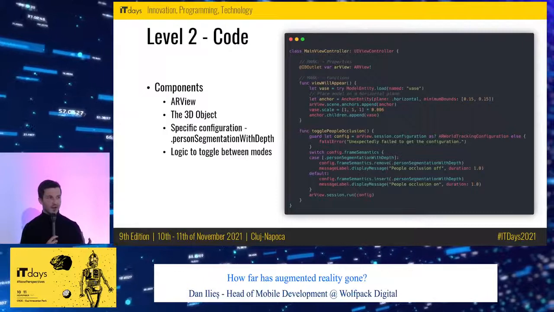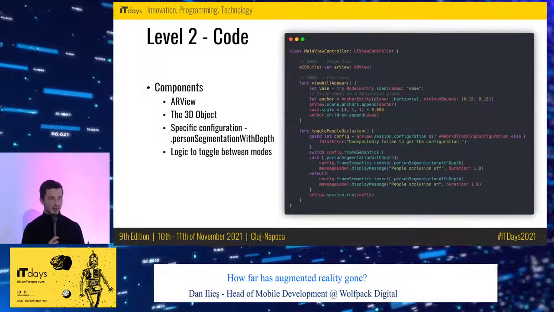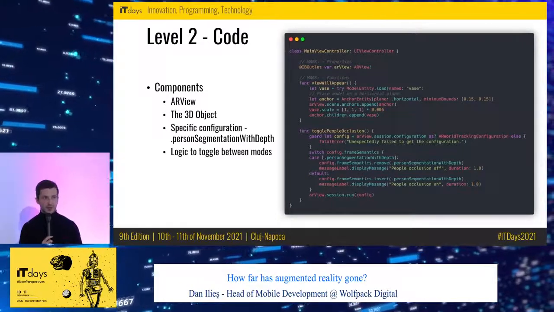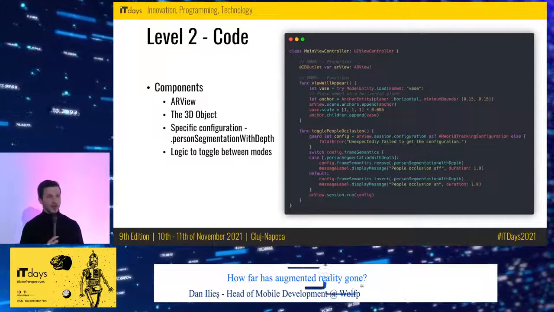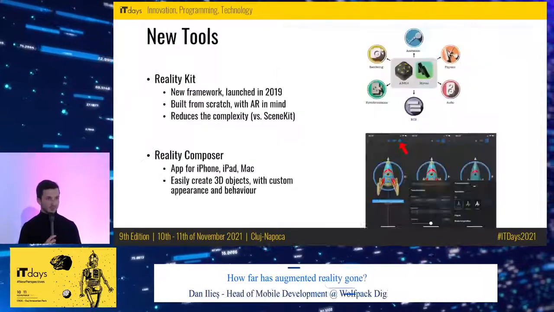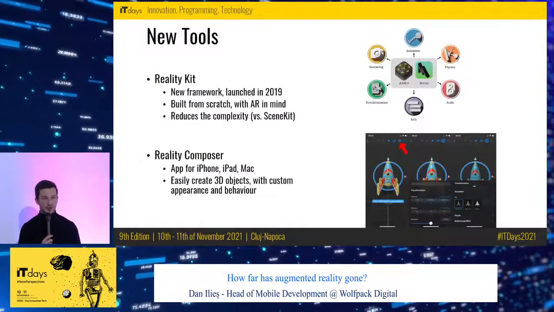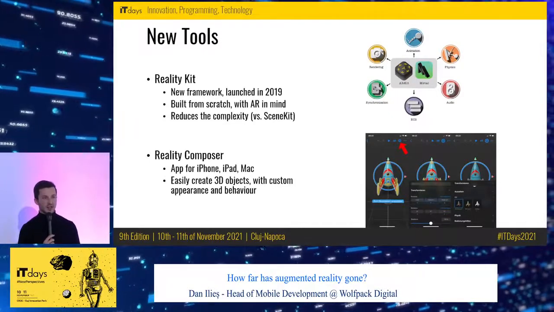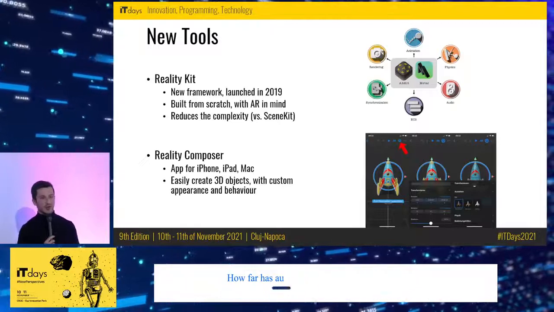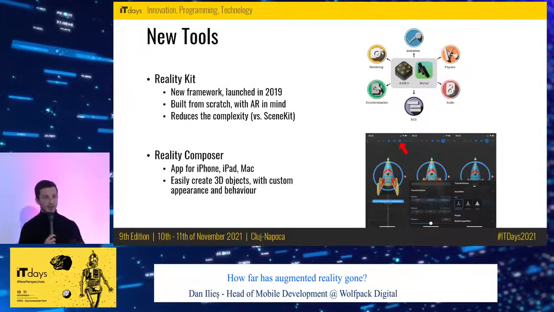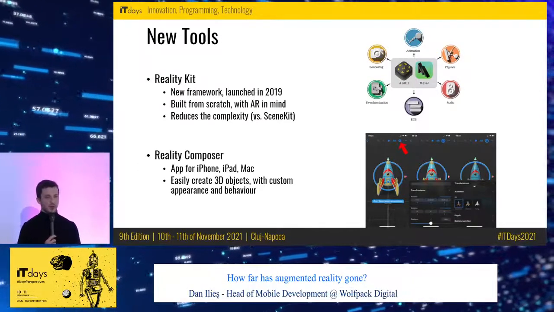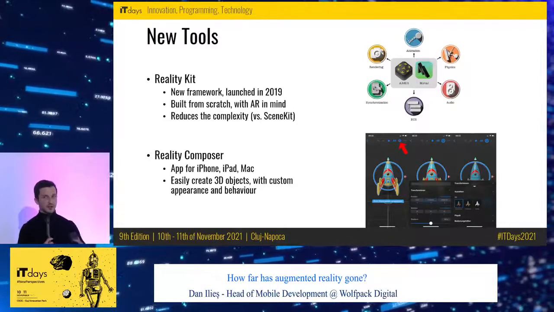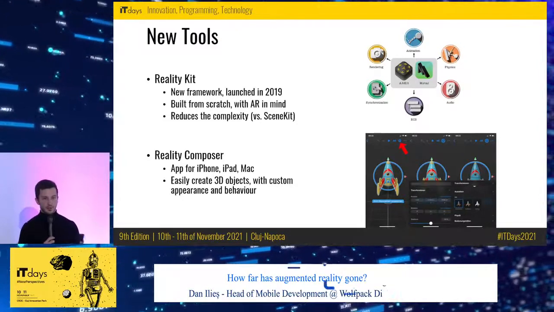And here we have an AR view at the top as a property, not a scene object, as we had there. And that's because in ARKit 3, Apple brought two big things. RealityKit is the first one, which is a new framework created from scratch. Before that, we had SceneKit, which also was used for gaming, and then merged with ARKit 1 and 2.